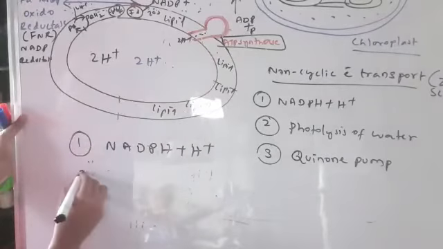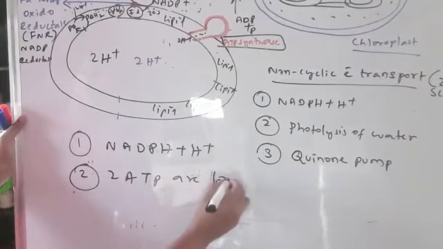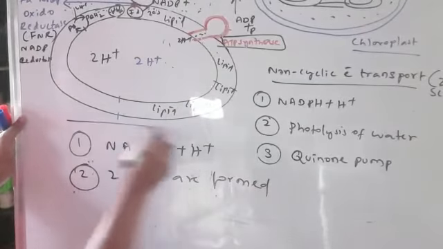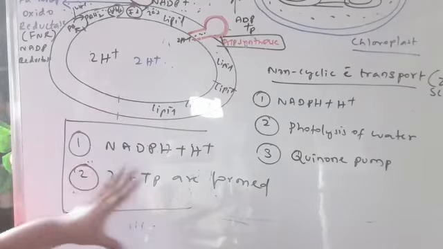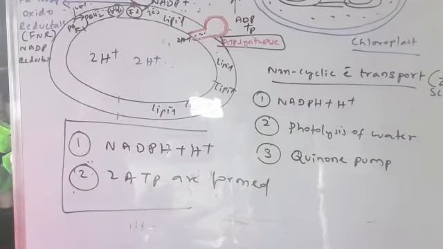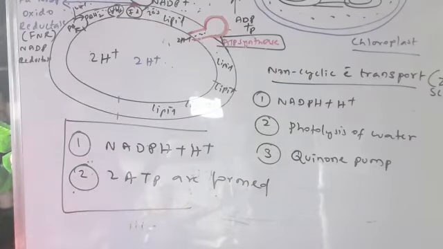So how many ATPs are formed? 2 ATPs are formed. This is for when 2 electrons are transferred from photosystem 2 and also photosystem 1. So this is the output of the light reactions, which is called assimilatory power: ATPs and NADPH plus H+.